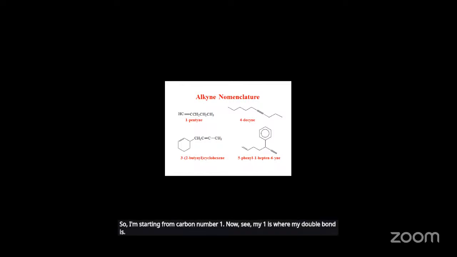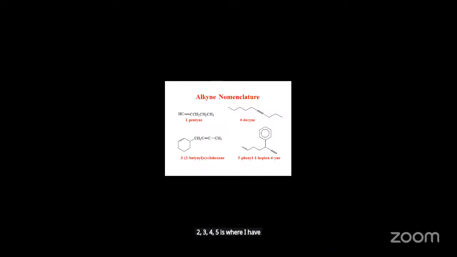So I'm starting from carbon number 1. You can see my 1 is where my double bond is. 2, 3, 4, 5 is where I have a phenyl, and 6 is where I have the yne.